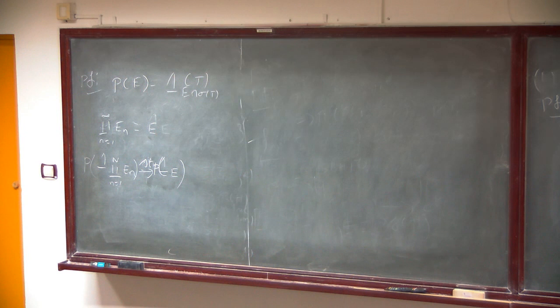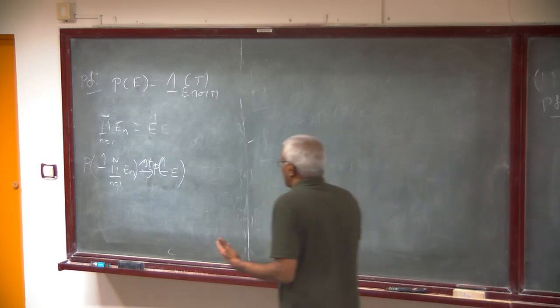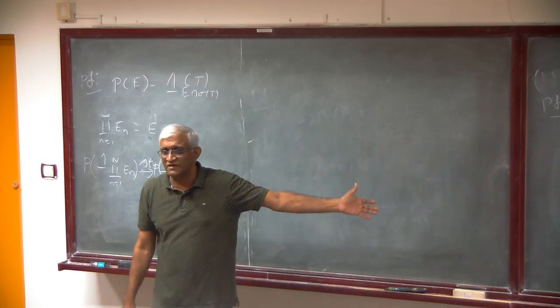Third one, you have to prove that this is a complex measure. The complex measure has to take values in the complex numbers. The third one also follows from the continuity of the inner product.